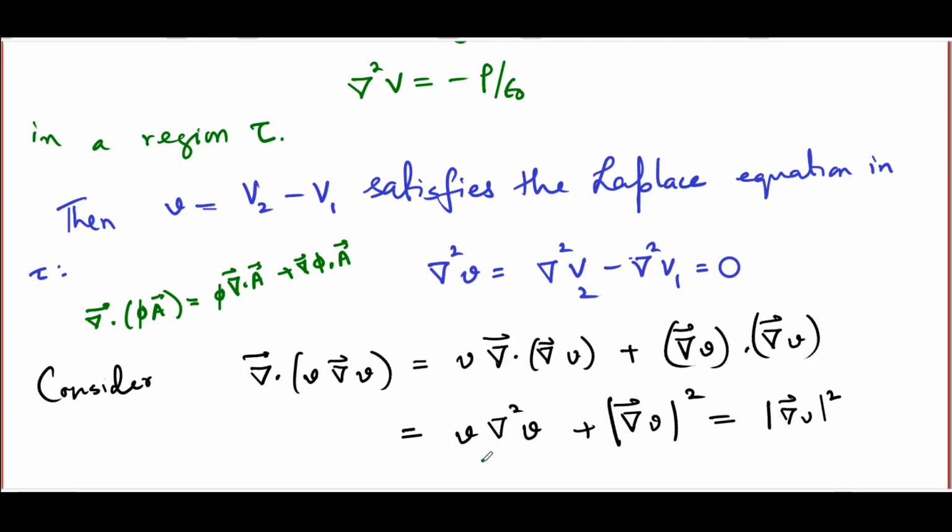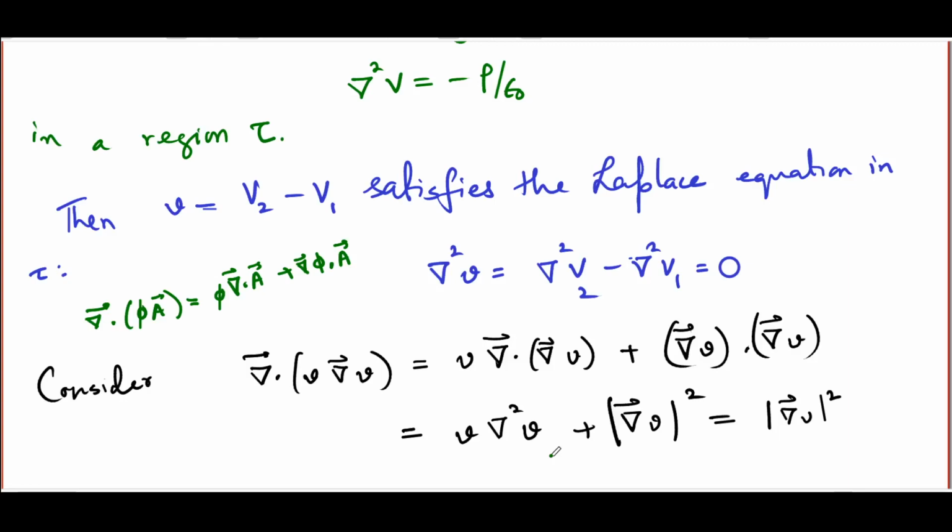So this is v times Laplacian of v. And grad v dot grad v is of course the modulus square, the length squared of the vector grad v. Since small v satisfies the Laplace equation, Laplacian v is 0, so this first term goes away, and the divergence of v gradient of v is nothing but gradient of v's mod square.